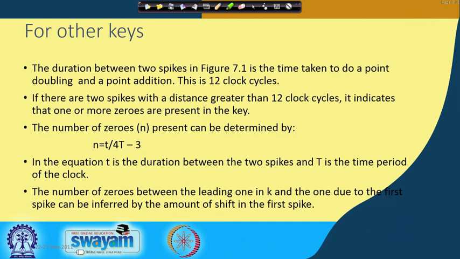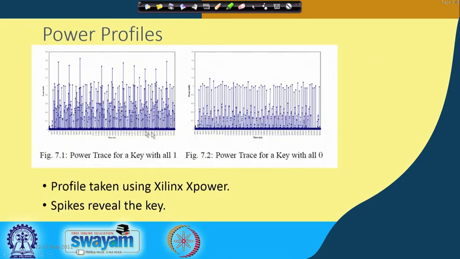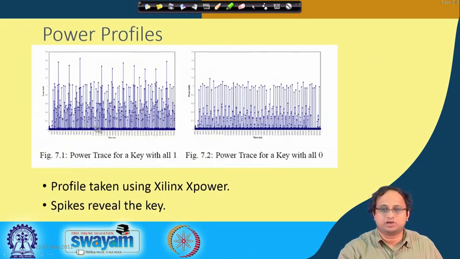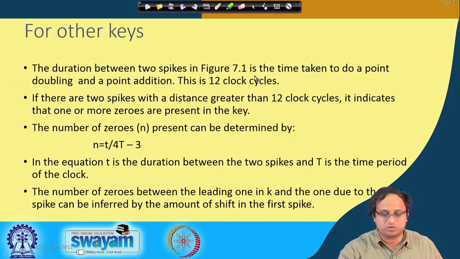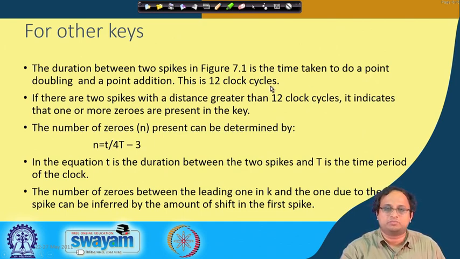What we observe is that the duration between two spikes in figure 7.1, which is essentially this figure where you have some spikes, is the time taken to do a point doubling and a point addition.